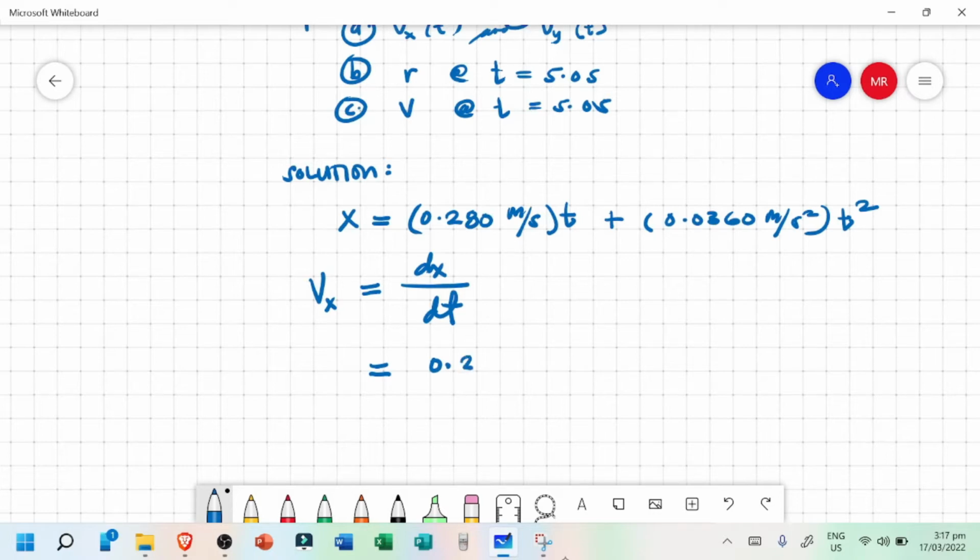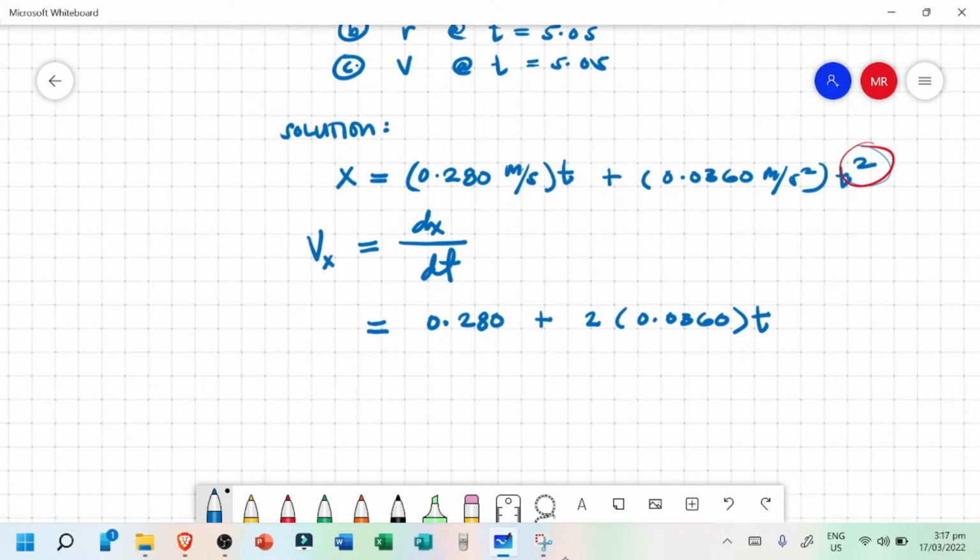So 0.280, tanggalin muna natin yung unit, times t to the power of 1, then 1 minus 1, so this will become 0. So this will become 0.280 plus, we have exponent 2, so 2 times 0.0360 times t, because we'll subtract 1 from the exponent.